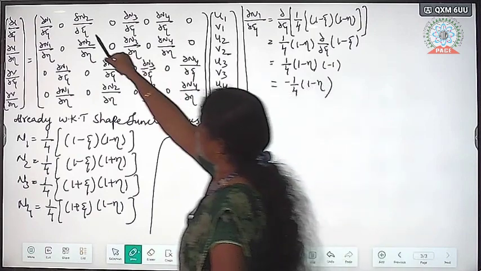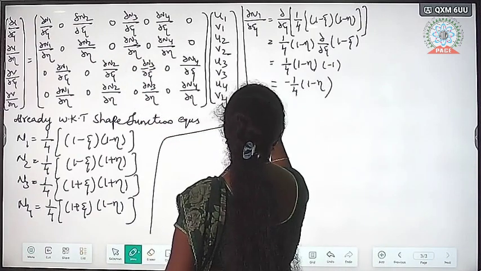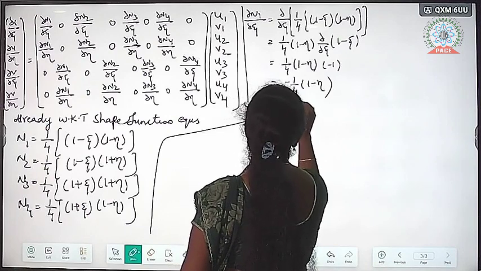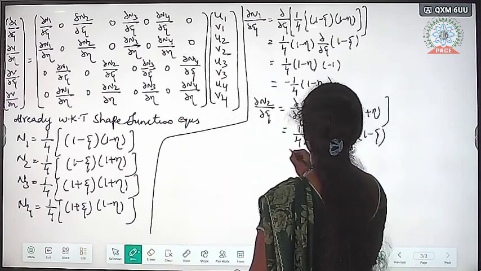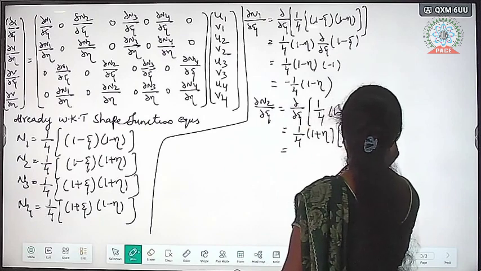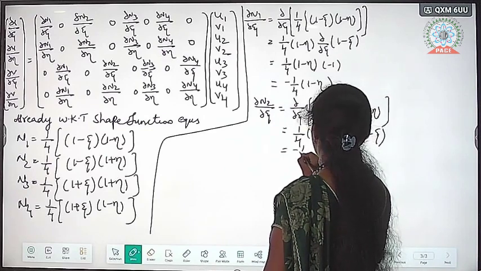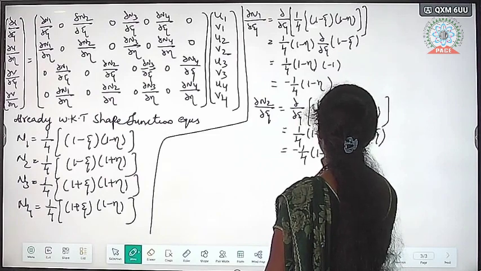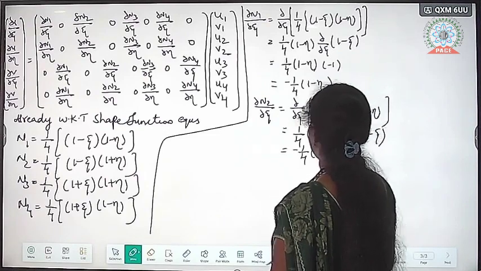Next, similarly, dou N2 by dou xi is equal to dou by dou xi of minus xi, here also minus xi. So, minus 1 by 4 into (1 plus eta).